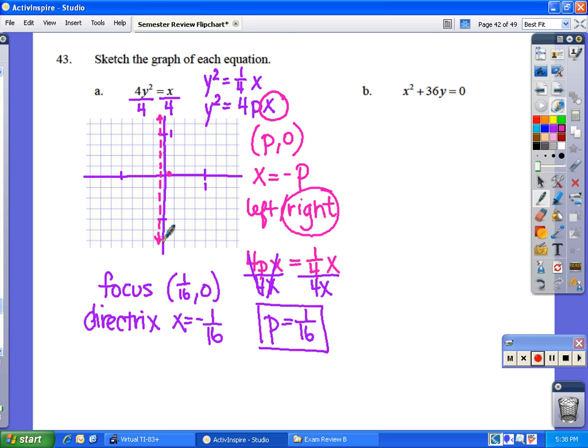Now remember, by definition, a parabola is the set of points that are equidistant from the focus and the directrix. Therefore, we know that our parabola has to go through the origin. In this case, because our focus and our directrix are so close together, it kind of tells us that this is going to be a very thin parabola.